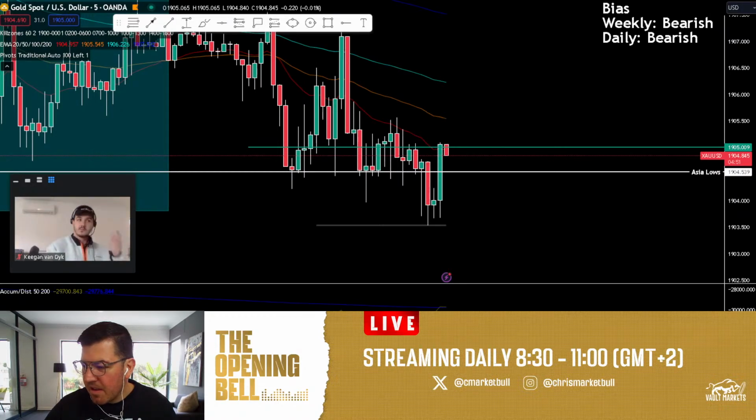I'm actually going to take a squeeze on gold on the flip of this 5-minute candle. Let's see. As soon as it starts flipping, I'm going to execute.